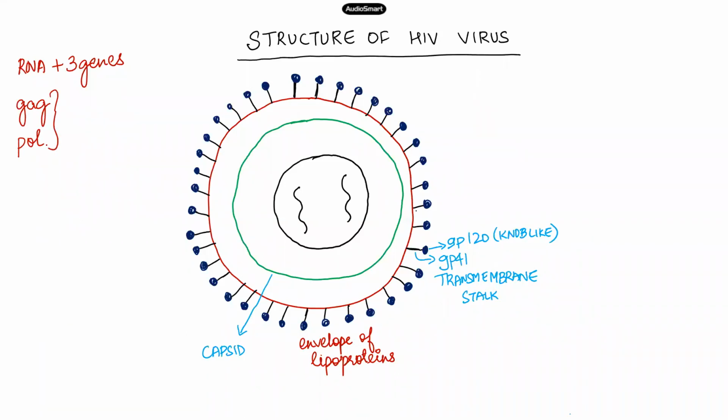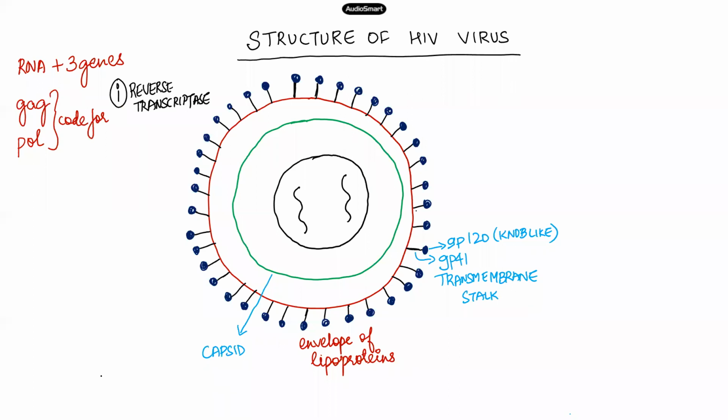Both of these genes code for certain enzymes which are essential for virus survival. The first enzyme is reverse transcriptase. Now, this reverse transcriptase is attached to the genetic material.